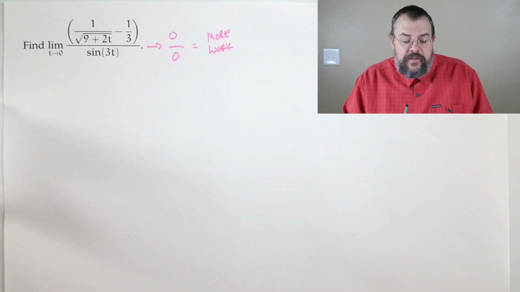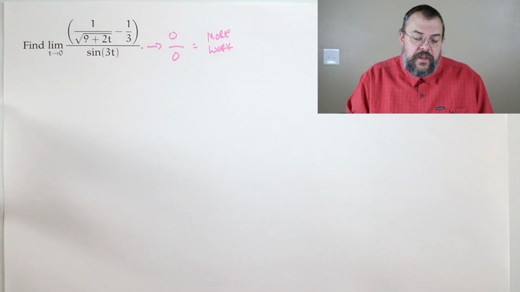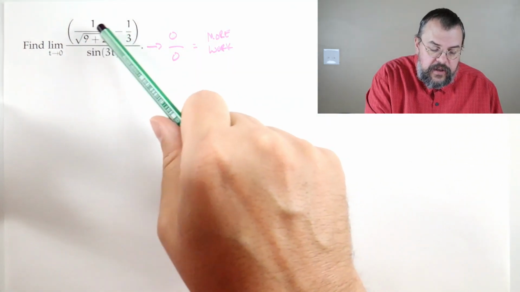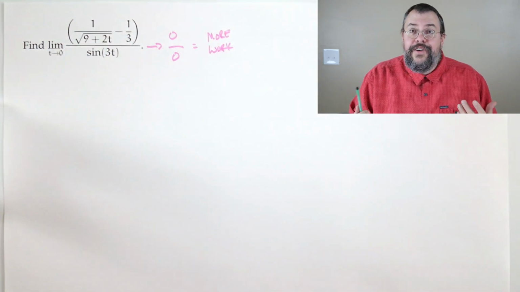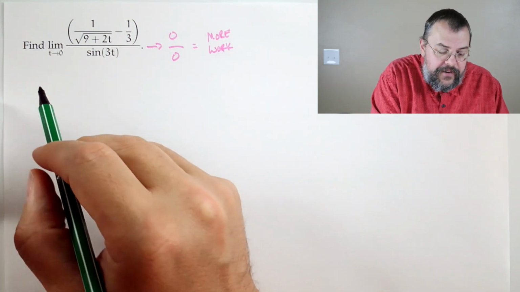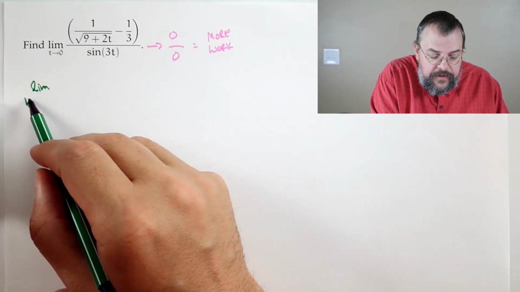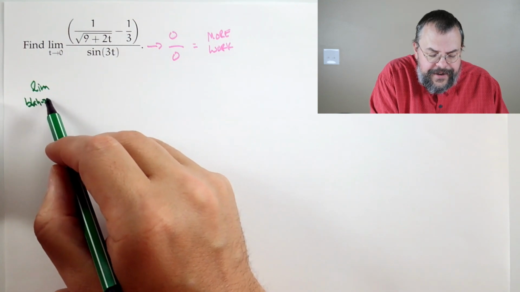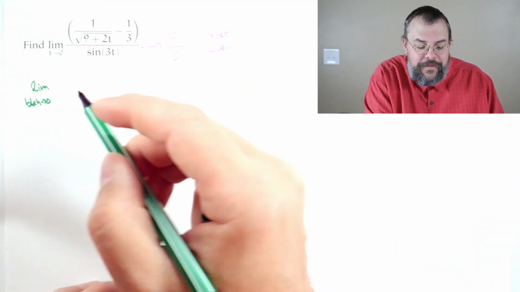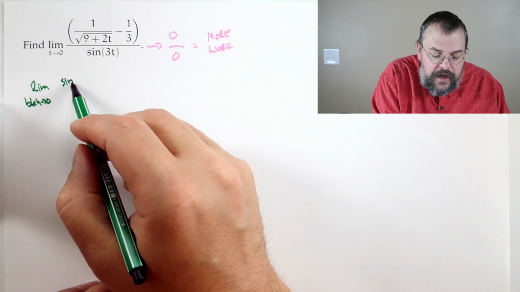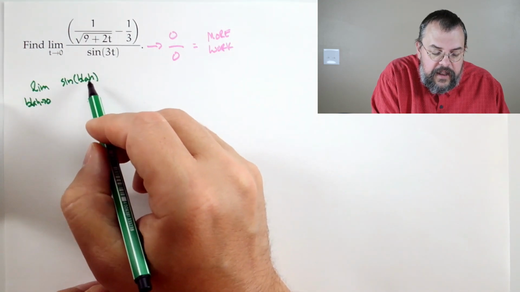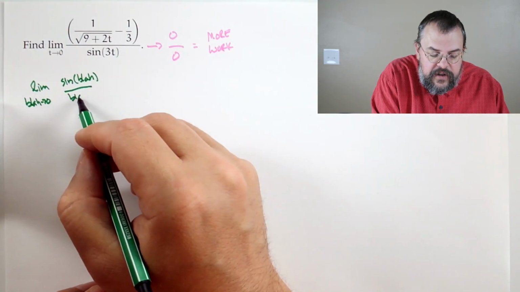One of the things we see right away is there's a mixture of algebra and trig. So we know in the back of our head that there's this limit as blah goes to 0 of sine of blah over blah. I say blah just to not get caught up on particulars.